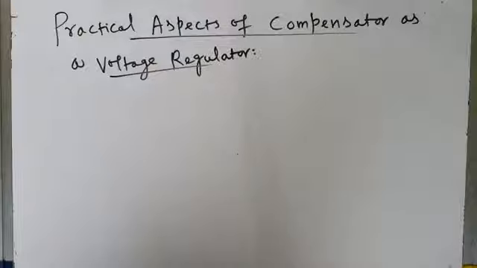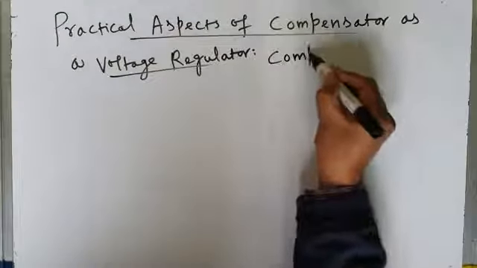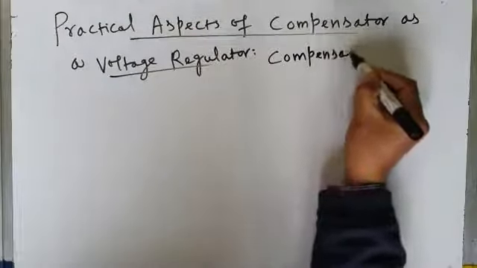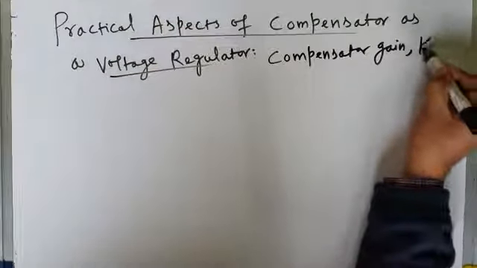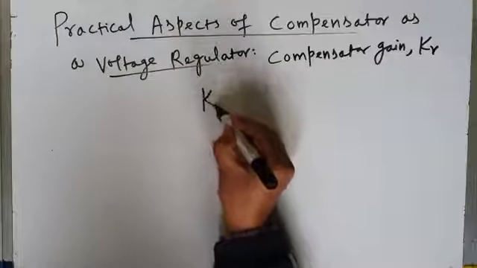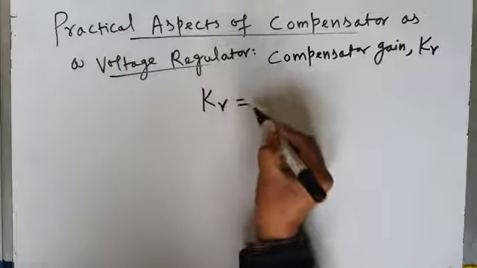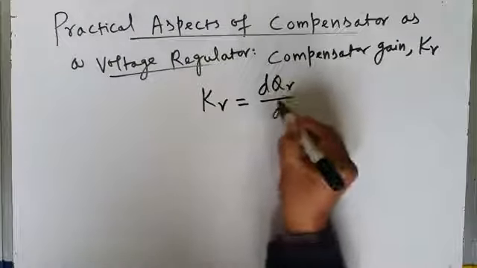Now, compensator gain plays a very important role. And how do you define compensator gain? If I write here a term called compensator gain, K gamma, this compensator gain is defined as the rate of change of compensator reactive power with change in voltage. So mathematically, I write this compensator gain K gamma equal to dQ gamma by dV.